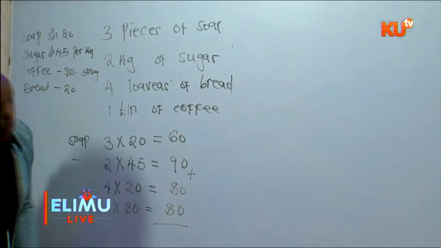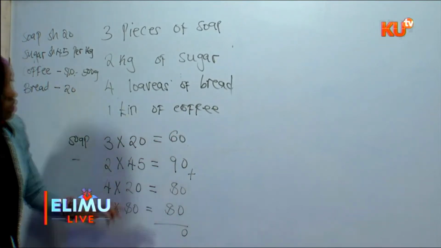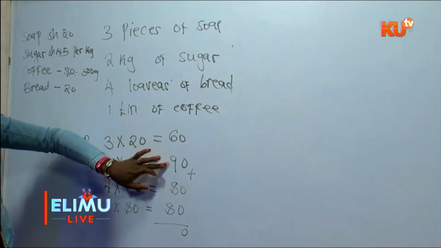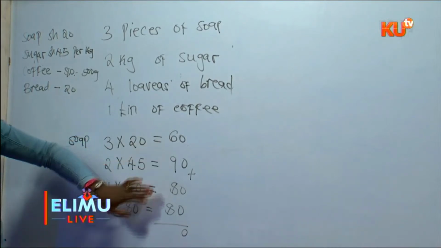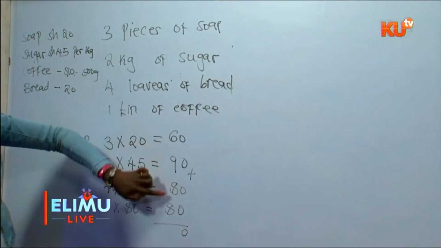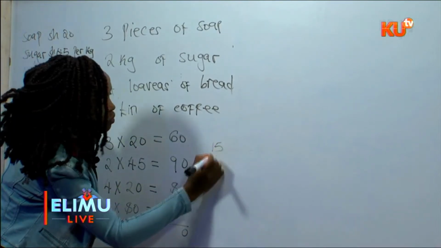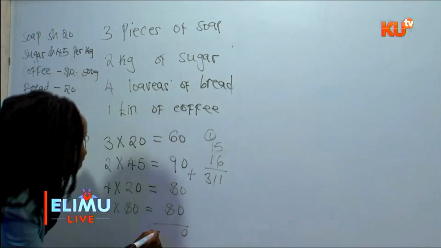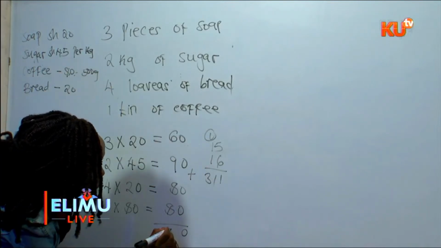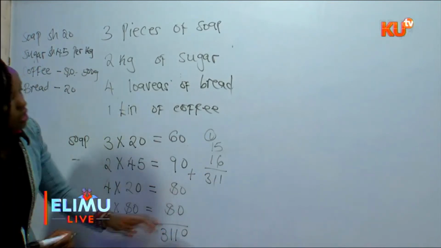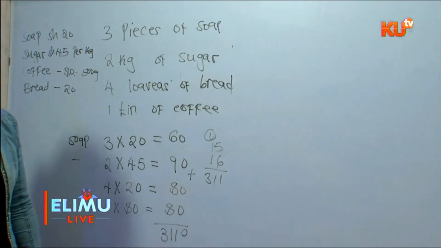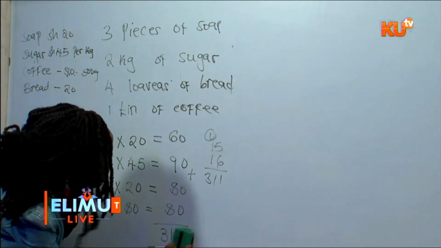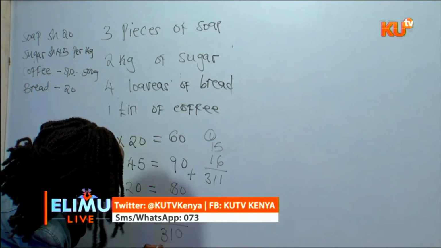So when we add here, we are going to get 0. 9 plus 6, we get 15. 15 plus 1, we get 16, then 1, 31. 310 is the total cost of the items.